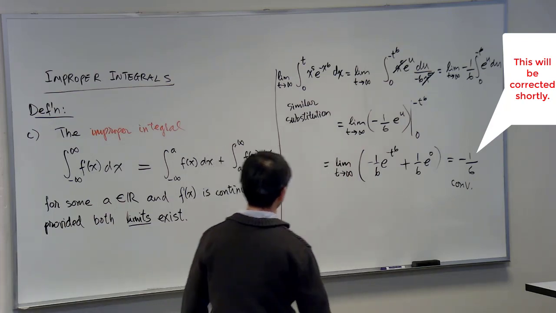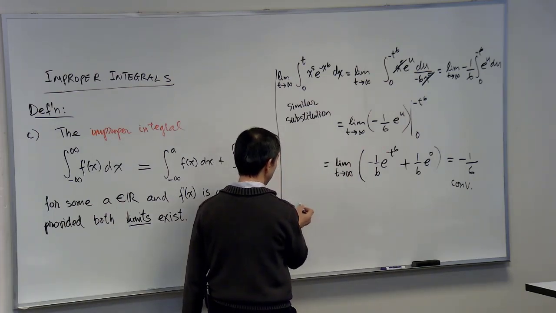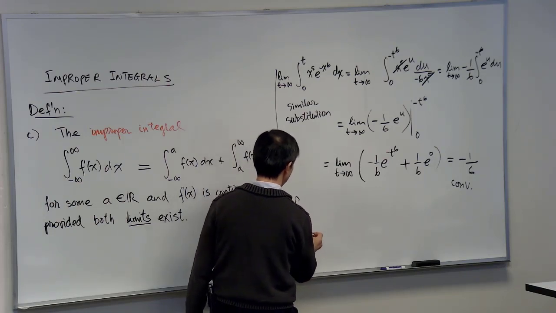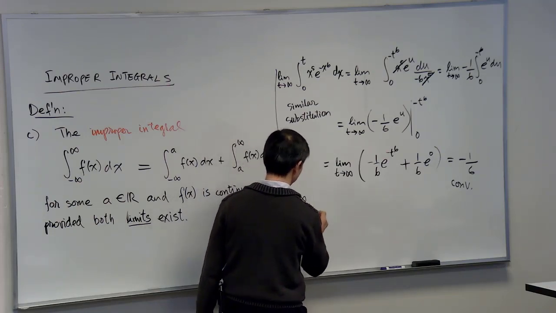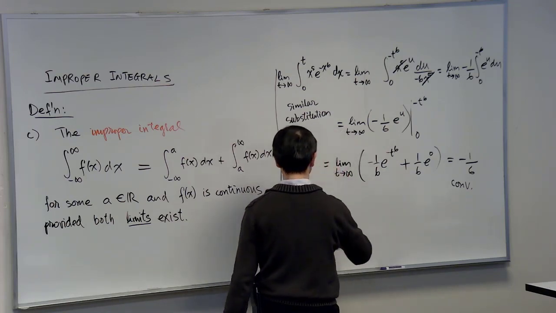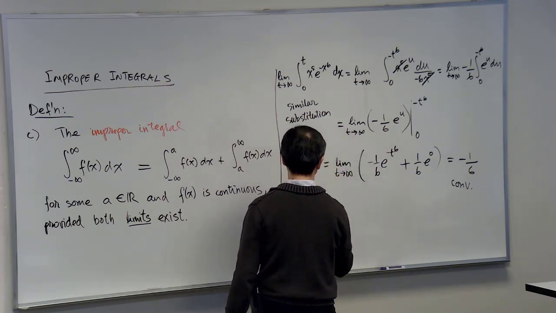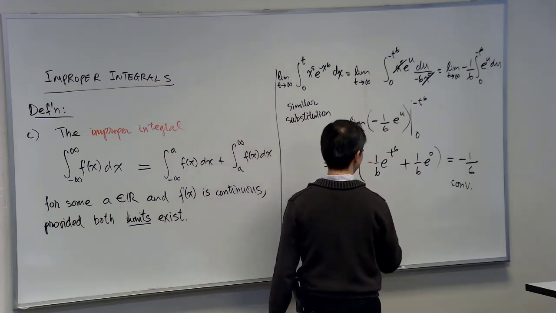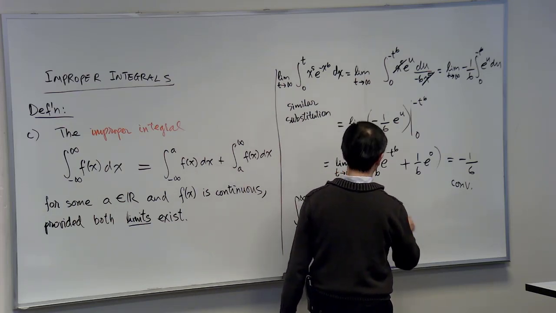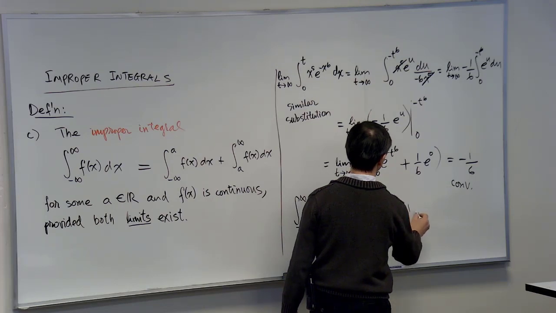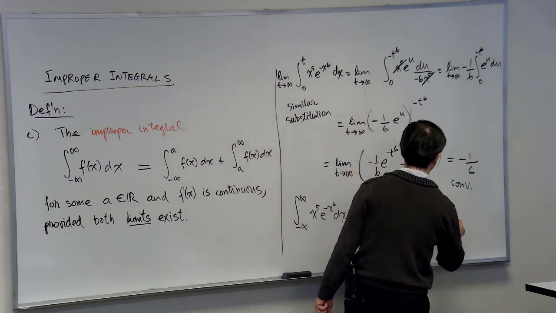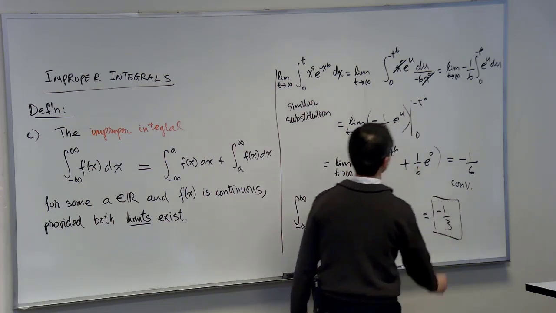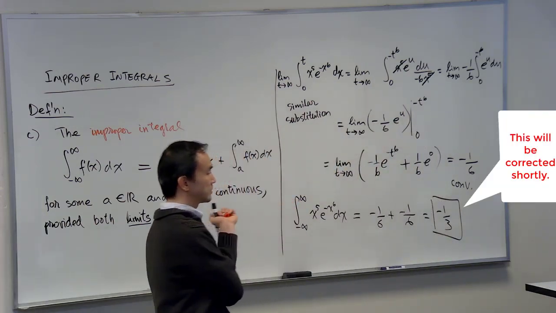Then you can say that after considering the two separate ones, the final integral from minus infinity to infinity of x to the 5th times e to the minus x to the 6th dx will equal negative 1/6, plus another negative 1/6, negative 1/3. Right. So that's how we solve that problem.